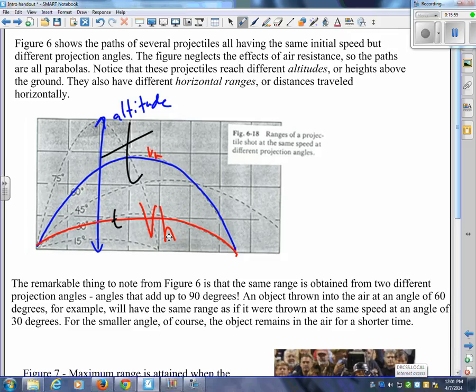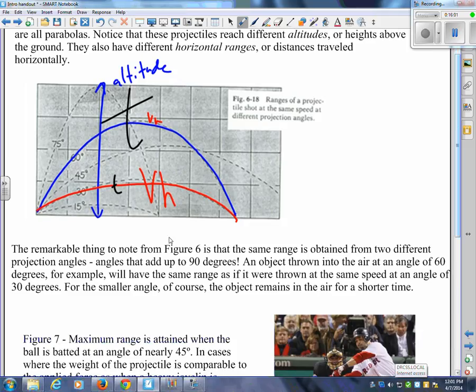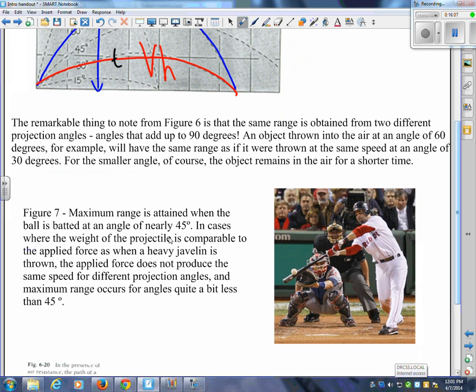What angle should you then launch to retain maximum range? Maximum range is attained when the ball is batted at an angle of nearly 45 degrees. In cases where the weight of the projectile is comparable to the applied force, like when a heavy javelin is thrown, the applied force does not produce the same speed for different projectile angles, and maximum range occurs for angles quite a bit less than 45 degrees.